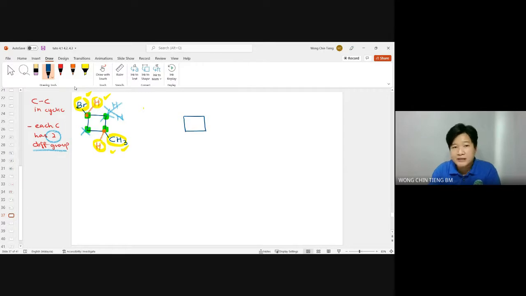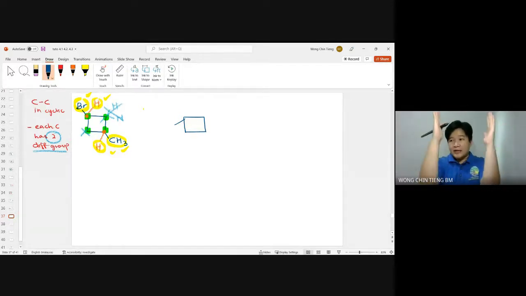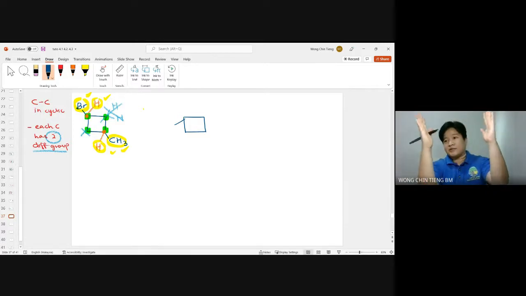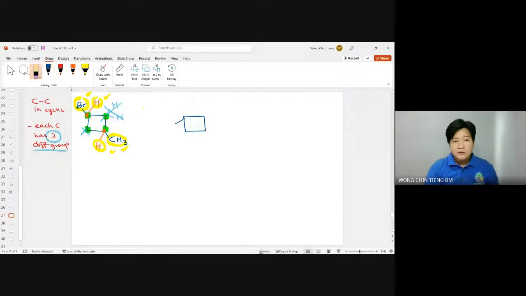Tapi kita kena make sure line dia adalah selari. Dia bukan kena straight 180 degree. Kalau dia tak boleh straight, dia selari baring lah. Alright, to the left or to the right, it doesn't really matter. So, bila ada structure bulatan ring yang kamu tak boleh lukis straight line, kamu buat macam ni.